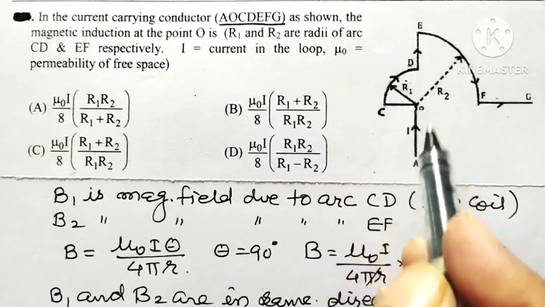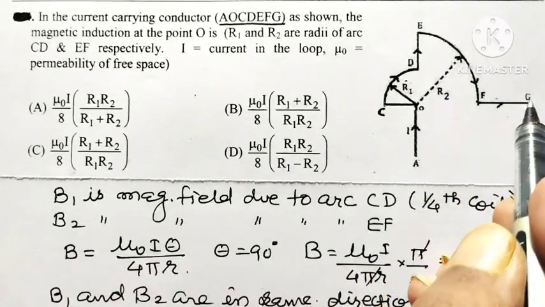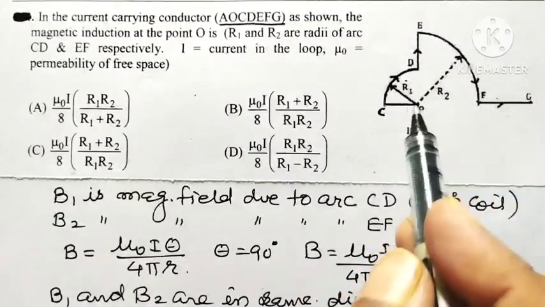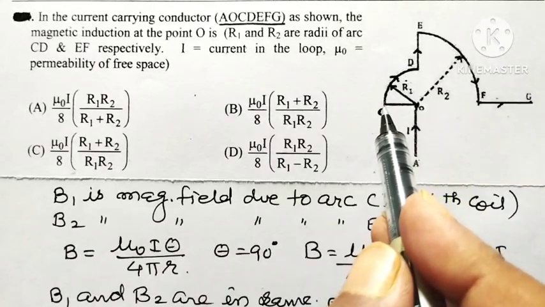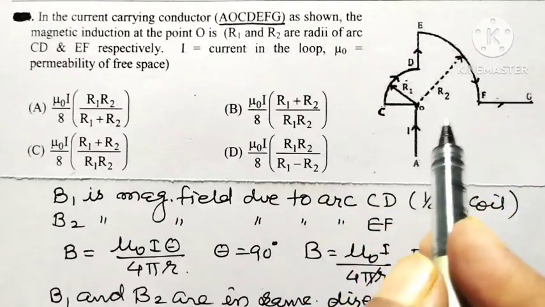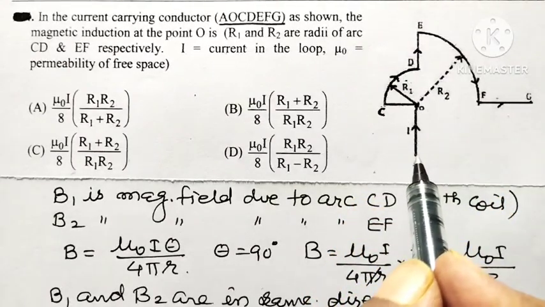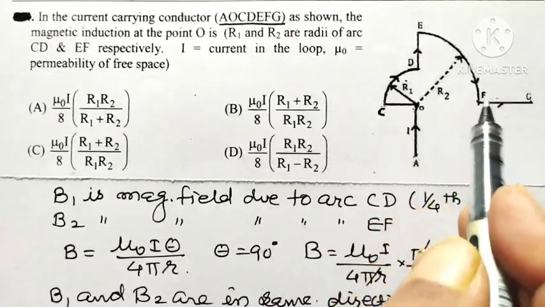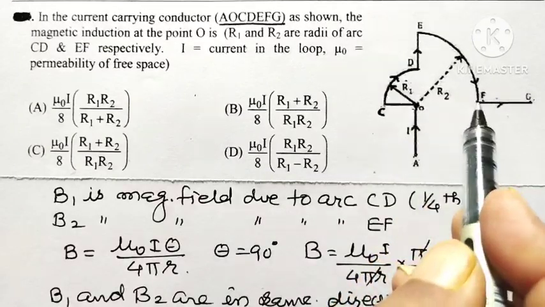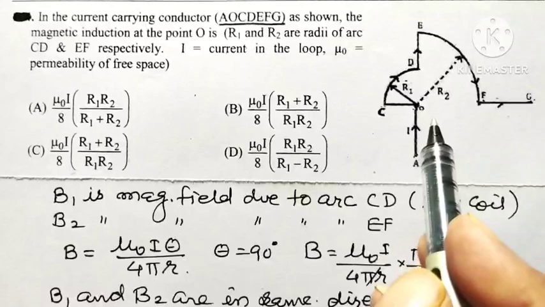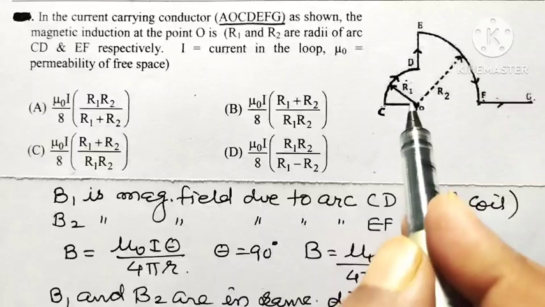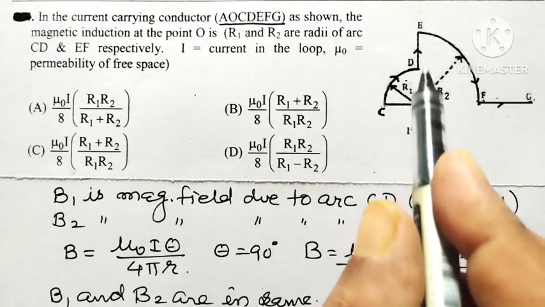AO and FG do not produce any magnetic field at point O because they lie on the same line as wire segment CO and that of DE.